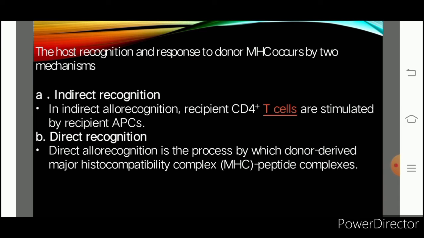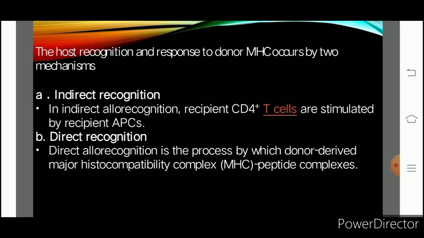In indirect recognition, recipient CD4 plus T cells are stimulated by recipient APCs. Indirect recognition occurs when recipients' CD4 plus T cells are activated by APCs that have acquired peptides derived from the donor's proteins, most commonly MHC molecules.